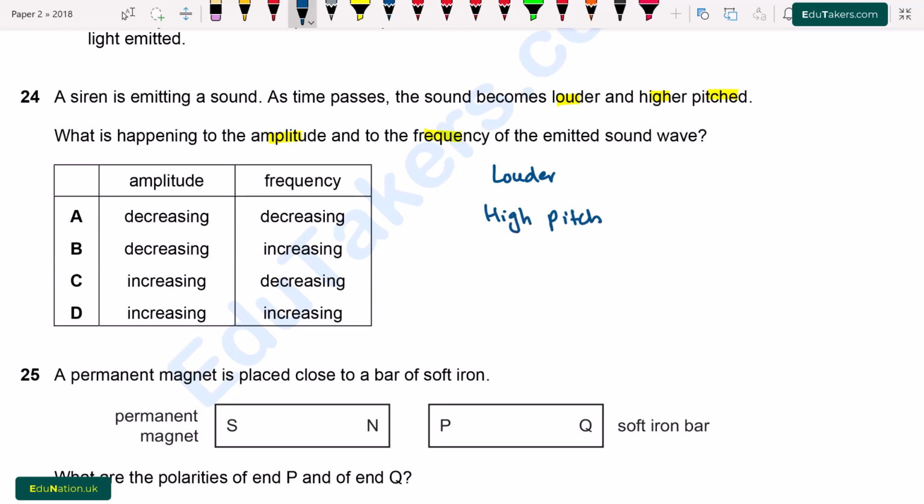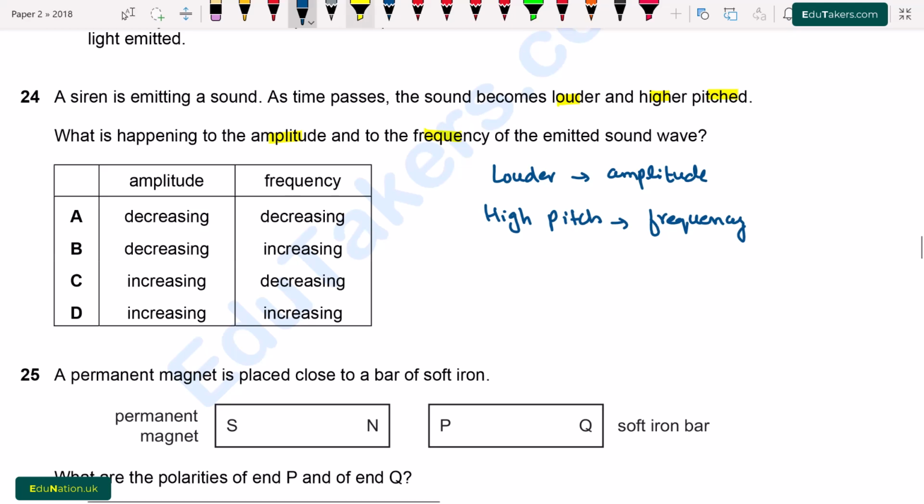The loudness of the sound is basically related with the amplitude, while the pitch is related with frequency. The higher the pitch of the sound, the higher will be the frequency. Both of these vary directly proportional to each other.